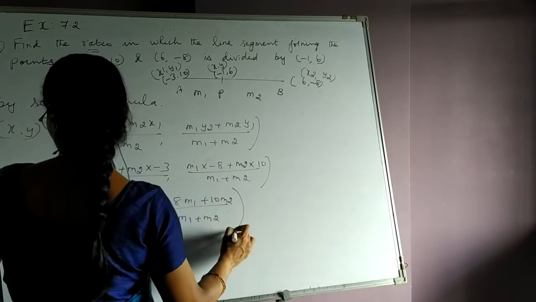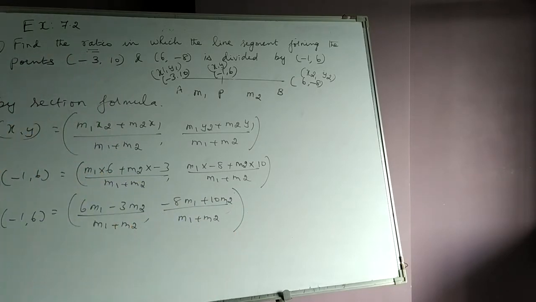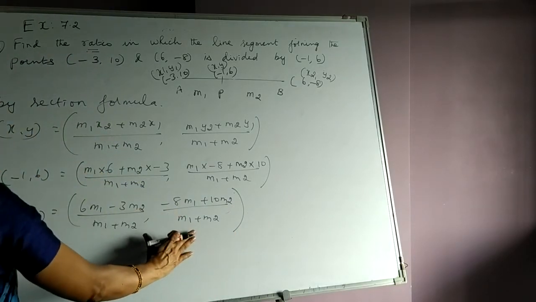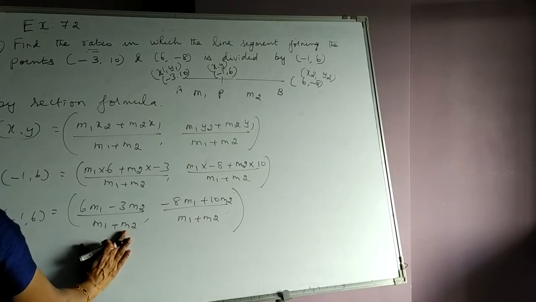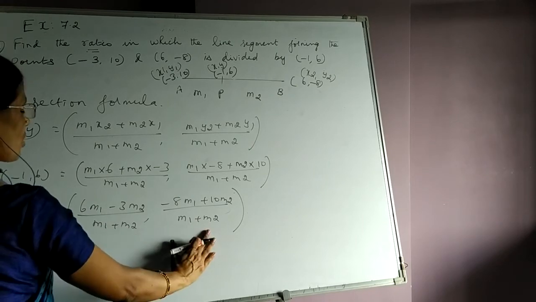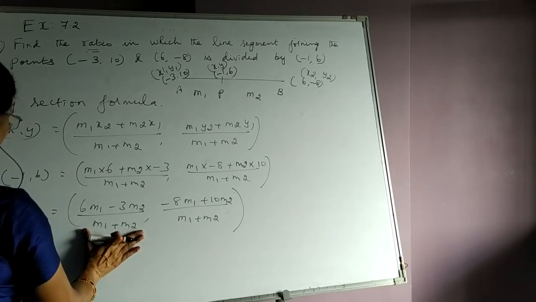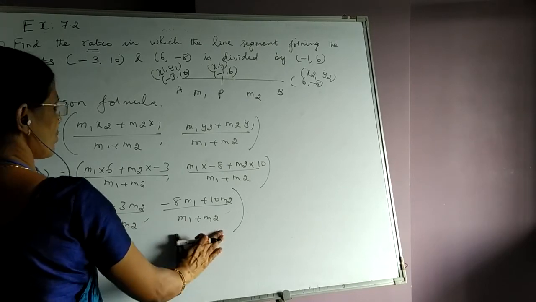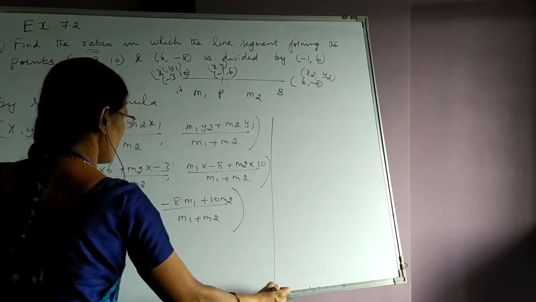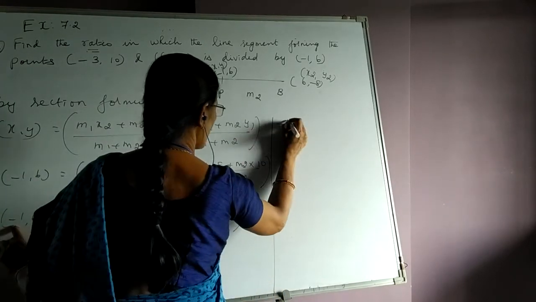So we are going to equate both the coordinates. When two coordinates are equal, corresponding first coordinates are equal, corresponding second coordinates are equal. So minus 1 equal to the first coordinate, or we can equate 6 is equal to this. Any one will do. So I take the first number, minus 1.